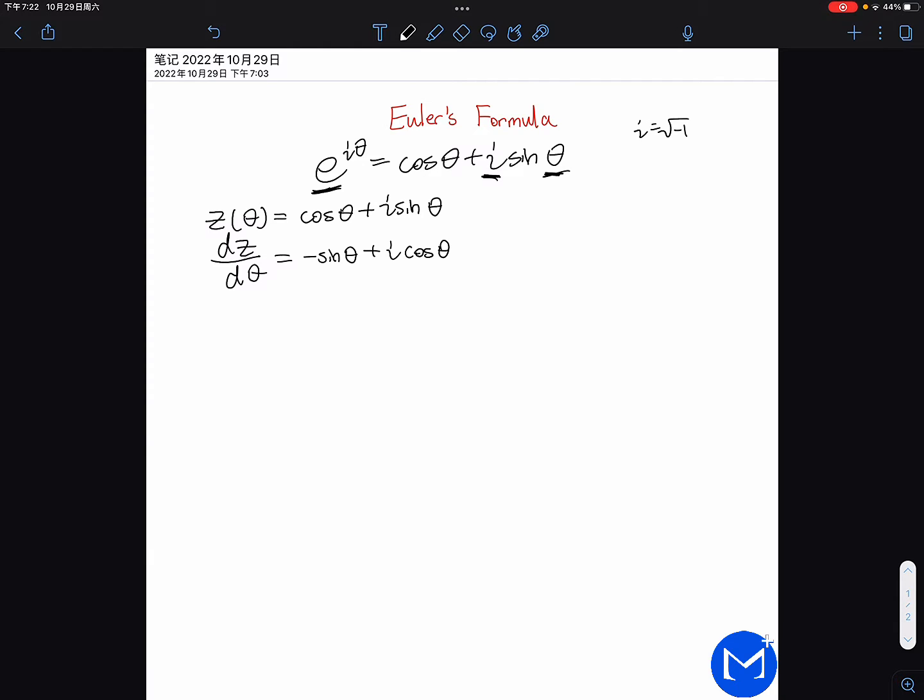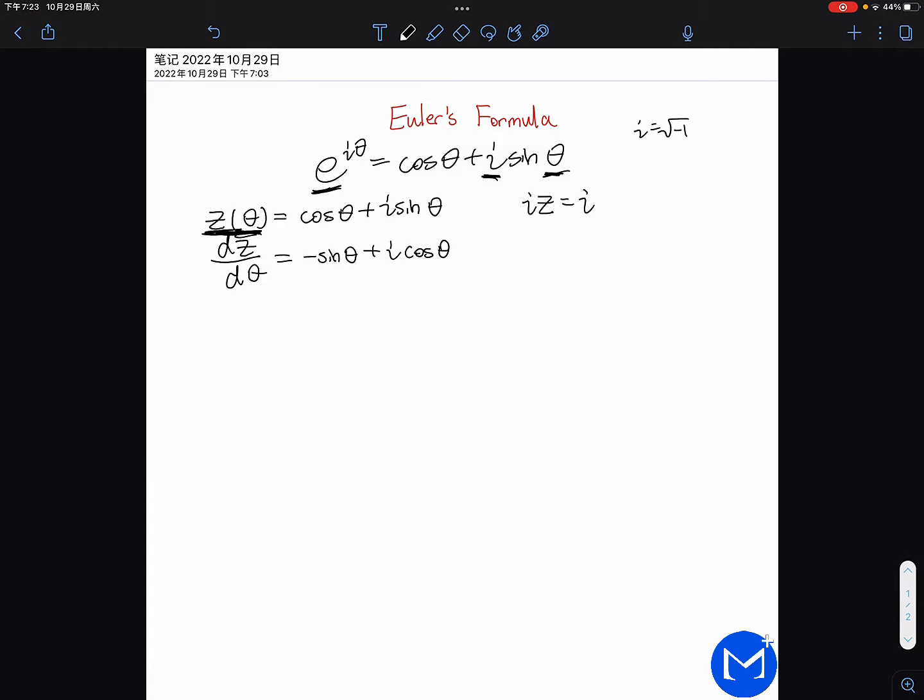Well, it turns out it's quite hard to actually get theta to the same side because it's very hard to take the integral of that, right? And instead, we're going to do a little trick here. So if you see the z function here, and if you multiply this function by i, what would you get?